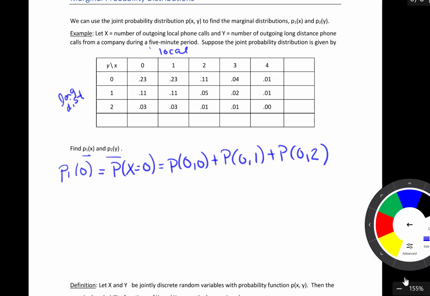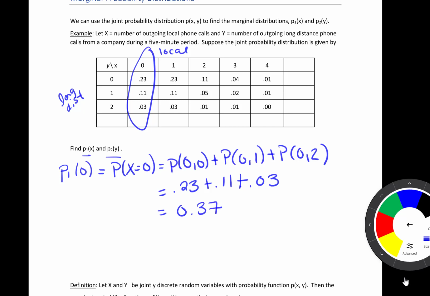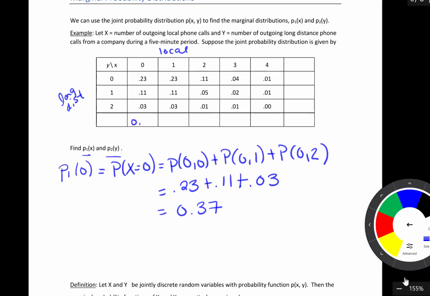So notice we can actually use this first column to help us out. Really, the first column sum is giving us the marginal distribution of x when x is equal to 0. And we could see something similar for the other column totals.